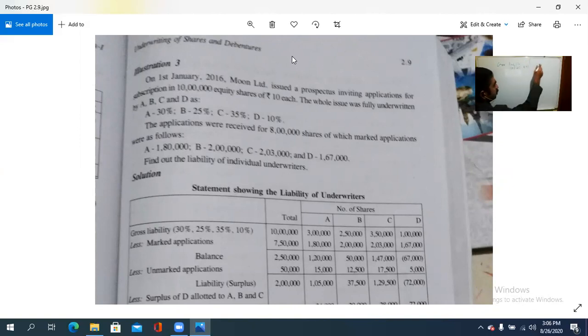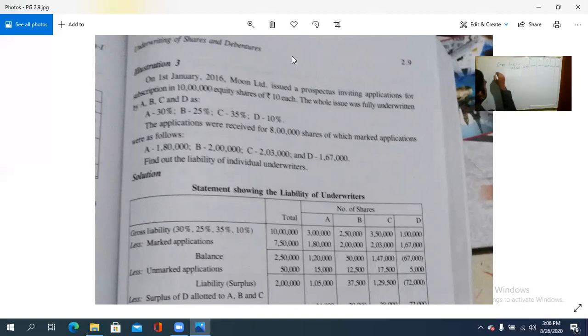So this is the column for that, four columns for A, B, C, and D. The total is 10 lakh in the question. 10 lakh at 30% is 3 lakh for the first, then 2 lakh 50,000 for the second, then 3 lakh 50,000 for the third, and for the fourth, 1 lakh. So the total is 10 lakh.